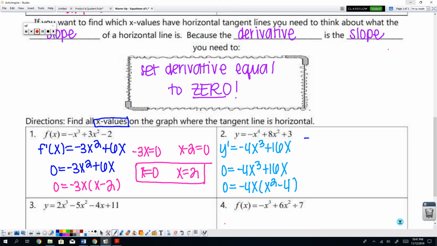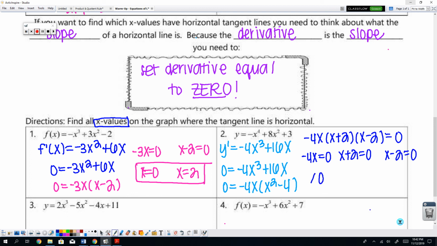So that's negative 4x times x plus 2 times x minus 2. Then you're going to set all of those equal to 0. So negative 4x equals 0, x plus 2 equals 0, x minus 2 equals 0. And you're going to solve them. So x equals 0, x equals negative 2, and x equals 2.